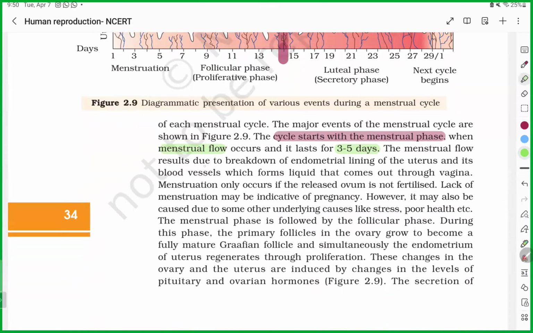Menstrual flow results in the breakdown of the endometrium lining and its blood vessels, which form a liquid that comes out through the vagina. Right? So bleeding will happen and this blood will come out through the vagina. Menstruation occurs only when the ovum is not fertilized.